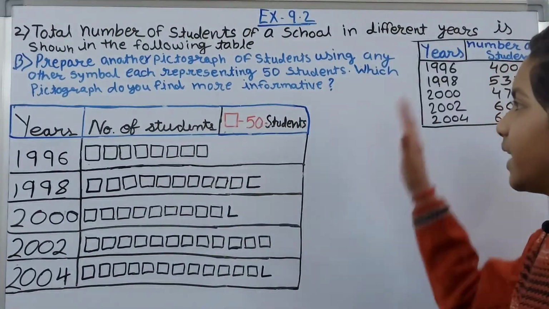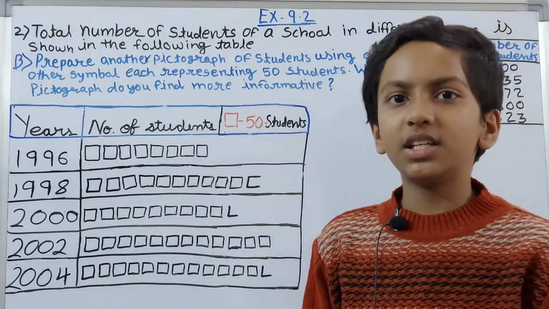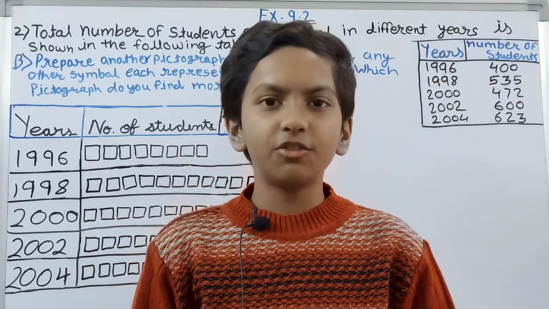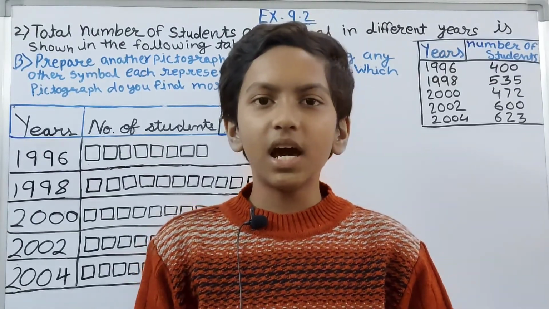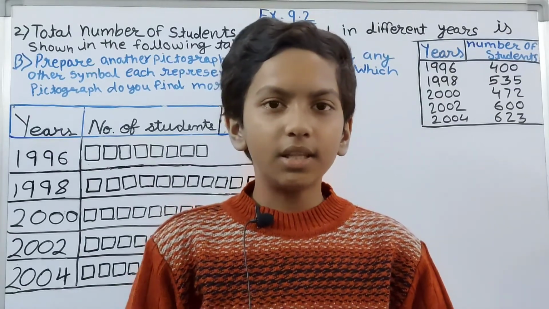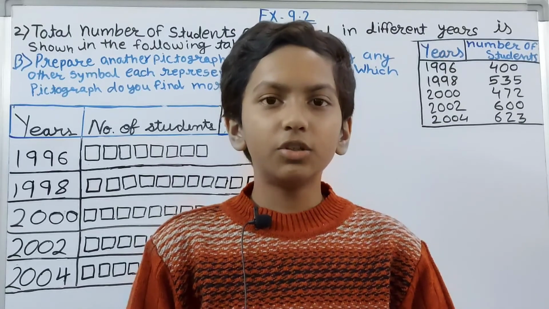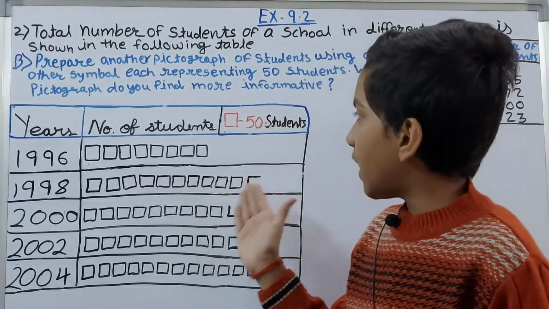It is also asking which pictograph do you find more informative. So over here you can see in the previous pictograph which we made, there was a gap of 100 students from one number to the other, and it was not much clearer to look over the data than the one that we have made here.